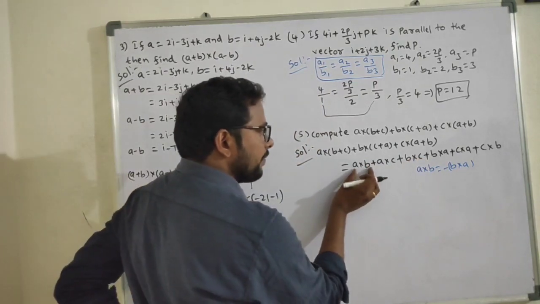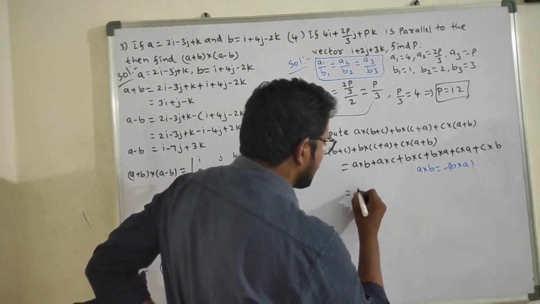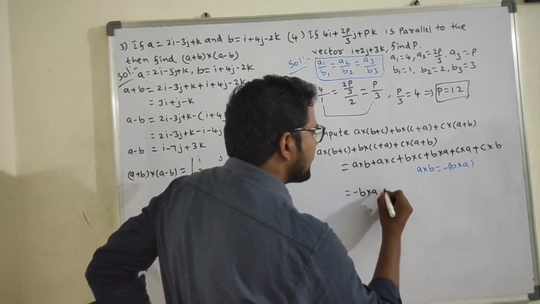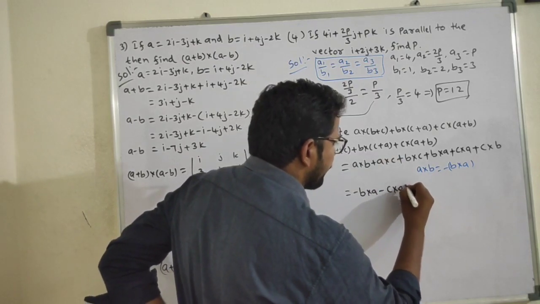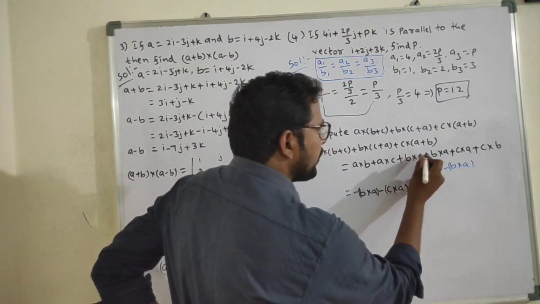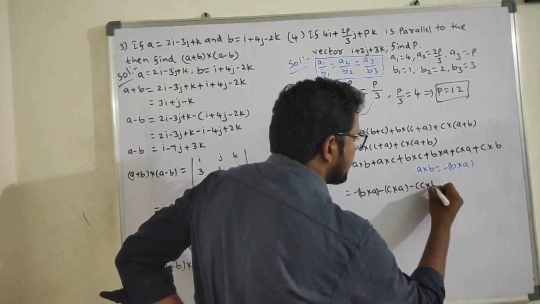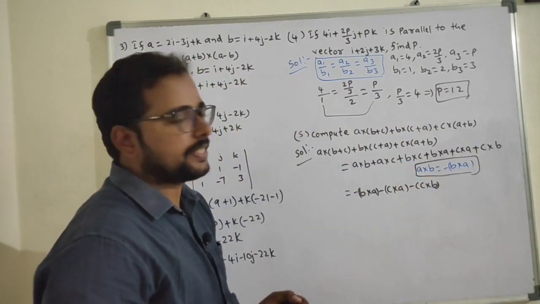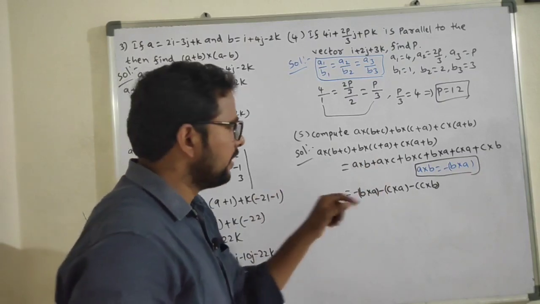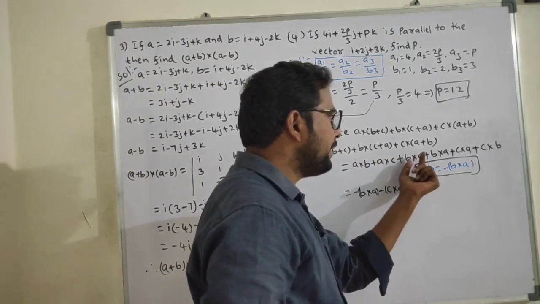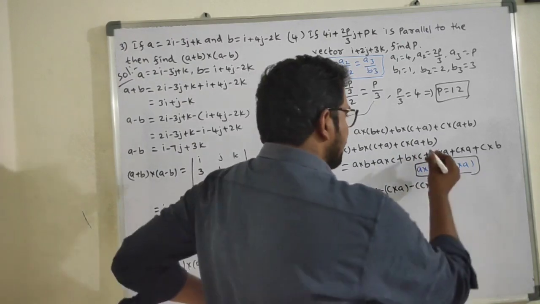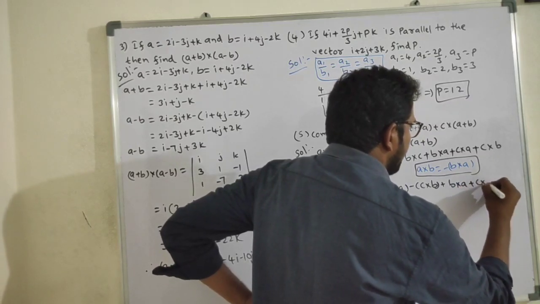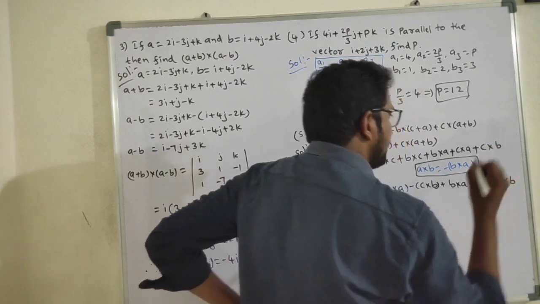So A cross B is minus B cross A. Same, we can write A cross C as minus C cross A, and B cross C as minus C cross B, using this property. Write the remaining terms as is: plus B cross A plus C cross A plus C cross B.